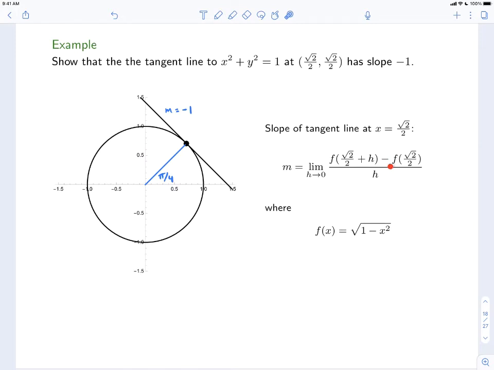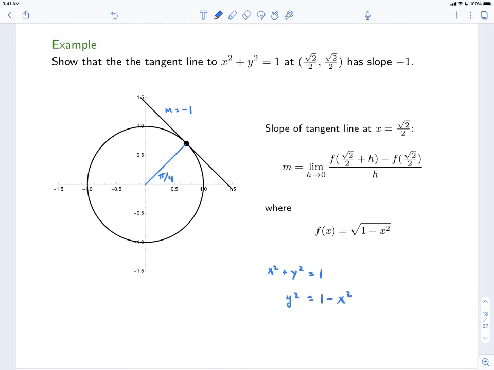Well, now what is this f thing that suddenly we've introduced? F is some function, and in this case, f of x is the square root of 1 minus x squared. Where does that come from? That comes from the equation of the circle. X squared plus y squared is equal to 1. So basically you just solve for y. So y squared is 1 minus x squared, and then we compute the square root.